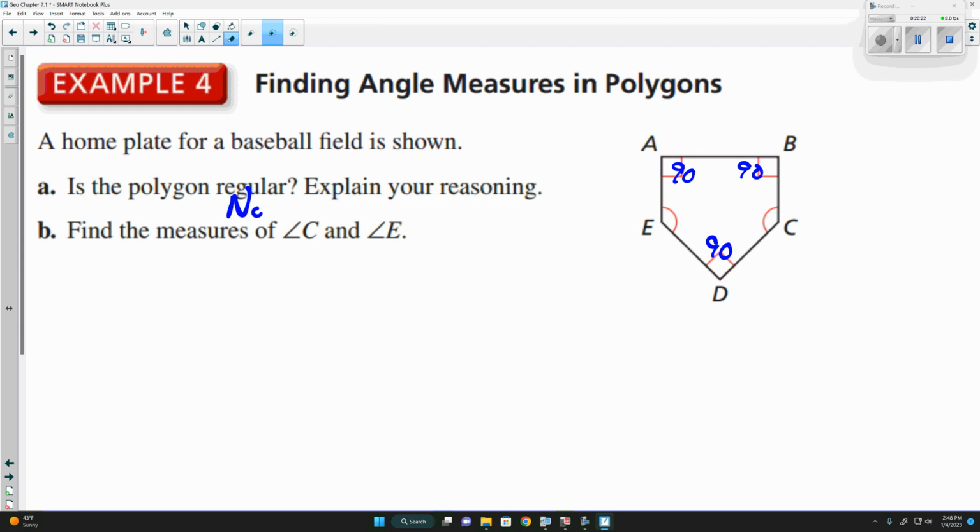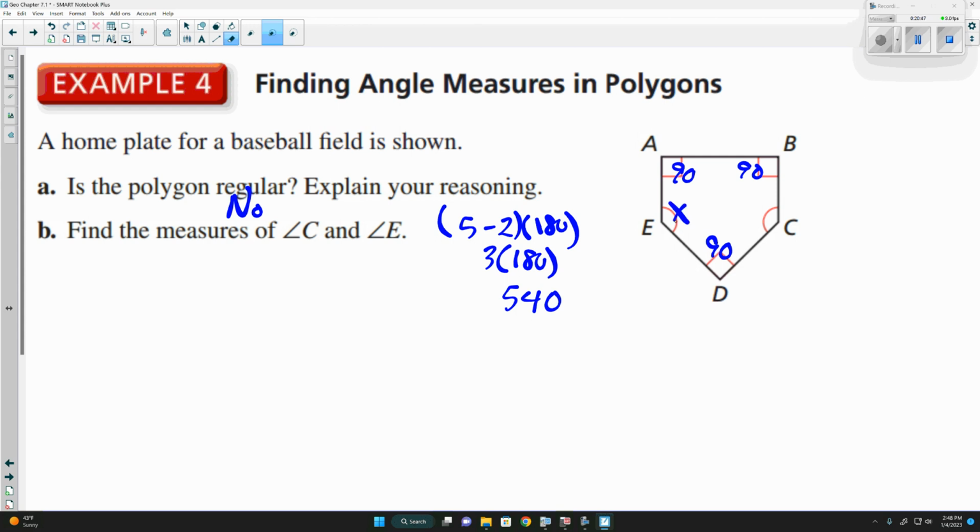No. But we do know that it is 5 sides. So we can say 5 minus 2 times 180, which is 3 times 180, which is 540 degrees. But what do we know about E and C?